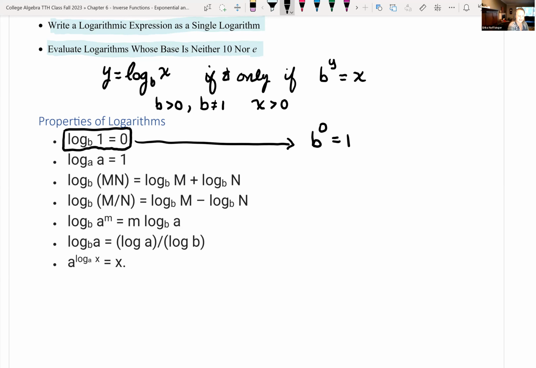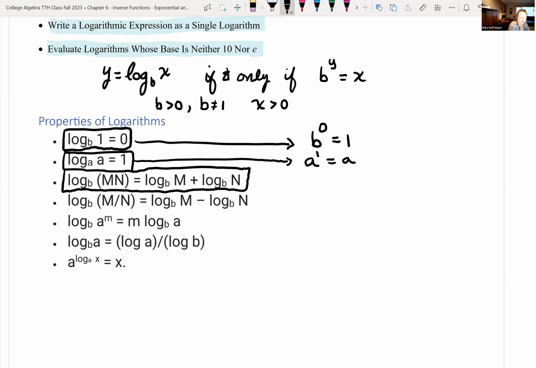The next one states log base a of a is equal to 1. So if we rewrote this in exponential form, this is saying a raised to the first power is equal to a, which is also true. So here, if we have log base b of m times n, then we can rewrite this as a sum of 2 logs.